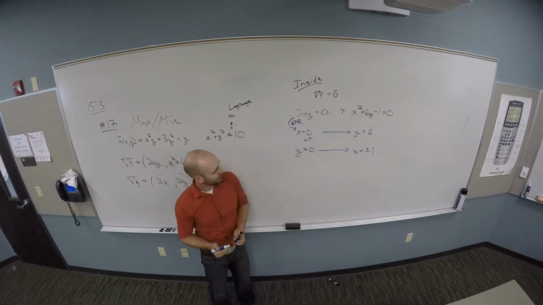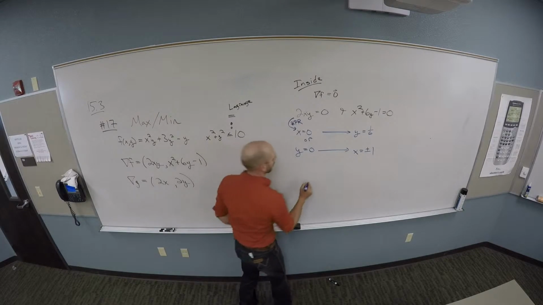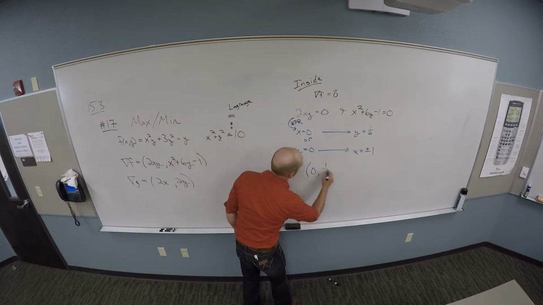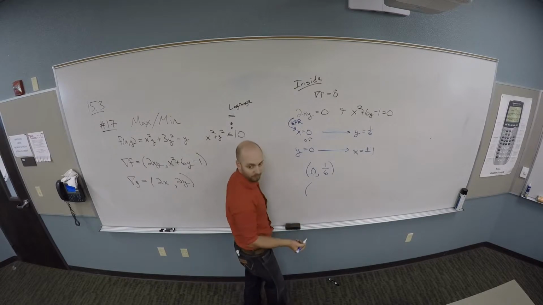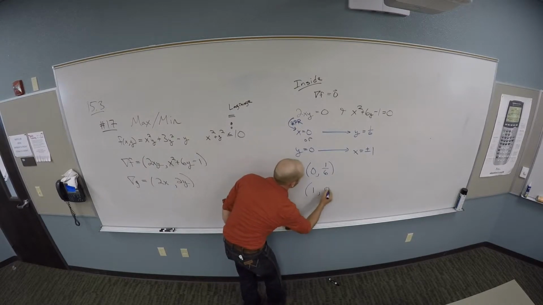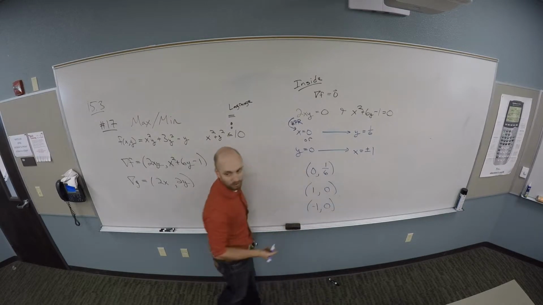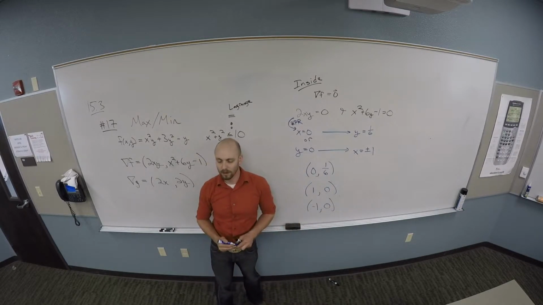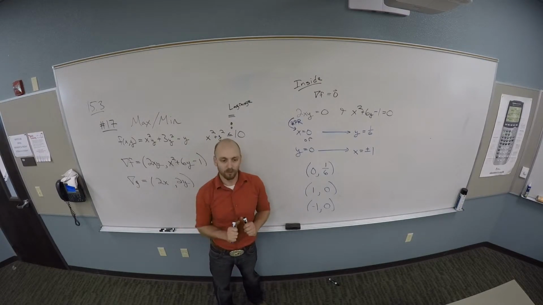You have to keep those together, and these are pairs. So 3 points specifically. I got (0, 1/6), (1, 0), and (-1, 0). These are my critical points. They're potential maxes or mins.